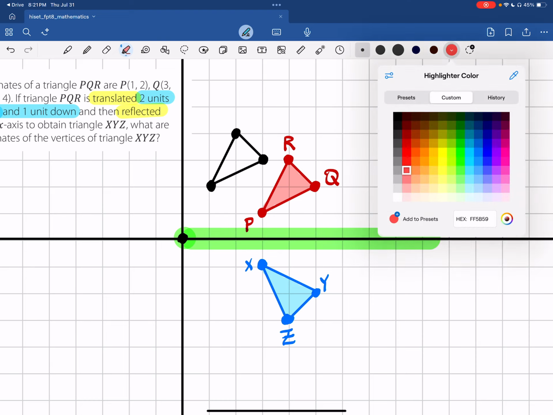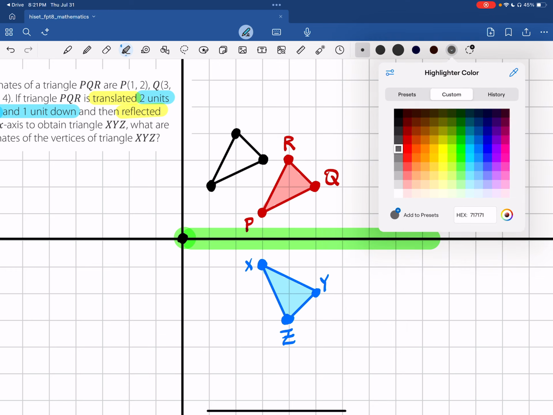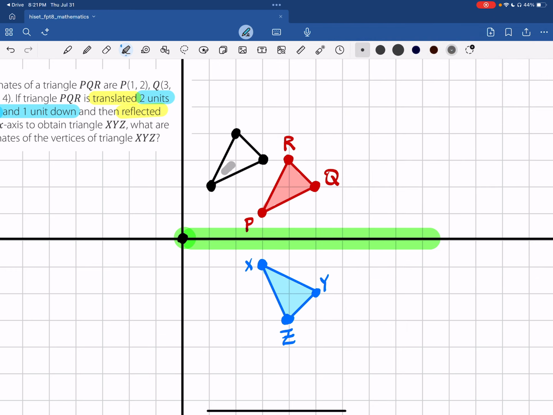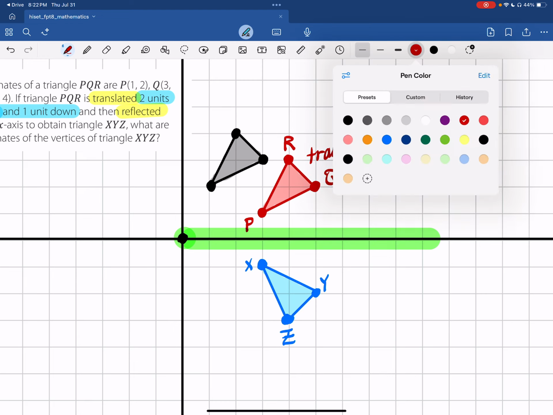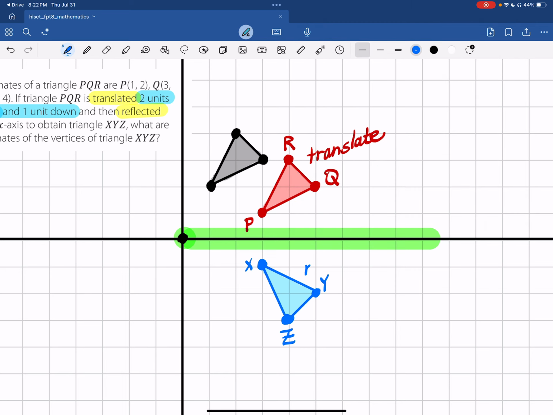It didn't get reflected. It just got moved. So we started here. This red step is the translation. So this is translating. And then the blue step is the reflection across the x-axis.